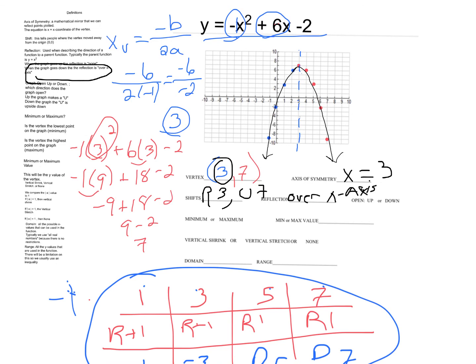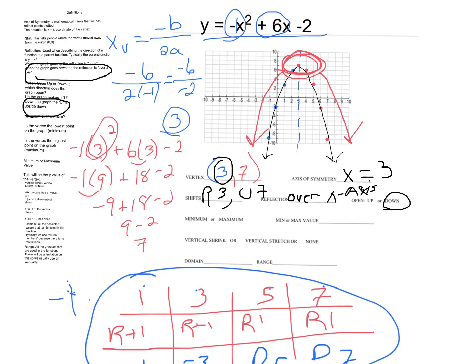Okay. Now, does this graph open up or down? Now, because the U is upside down, we're going to say it opens downwards. Okay. Minimum or maximum value. Now, again, this goes to the vertex. Notice this time, my vertex is the highest coordinate on my graph, because all my y values after the vertex, and even before the vertex, are well below it.